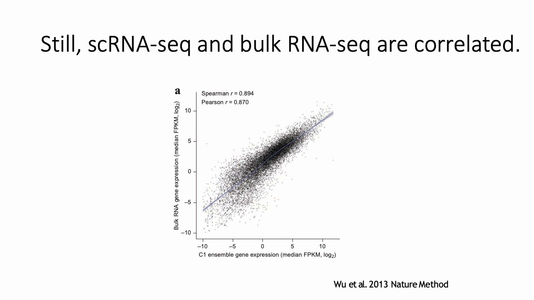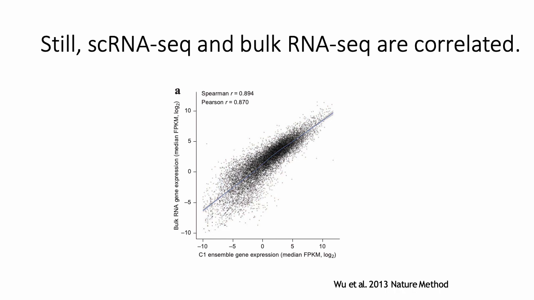And so here's a plot where the y-axis represents the expression level of a gene measured by bulk RNA-seq, and the x-axis represents expression measured through the Fluidigm C1 platform. Each point represents a single gene. You can see that on average, there's a relatively high correlation between bulk RNA-seq and Fluidigm C1.